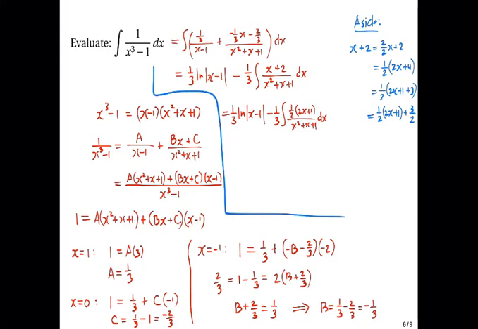And then here you have the 3/2 part. So minus 1/3 integral of 3/2 over x squared plus x plus 1, and then let me put the dx here. Okay?